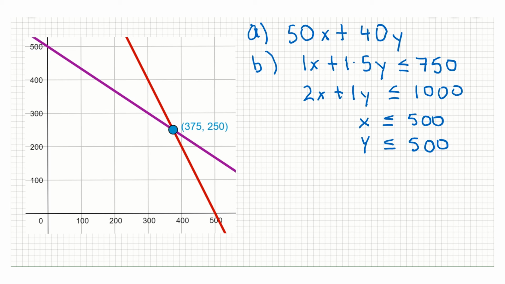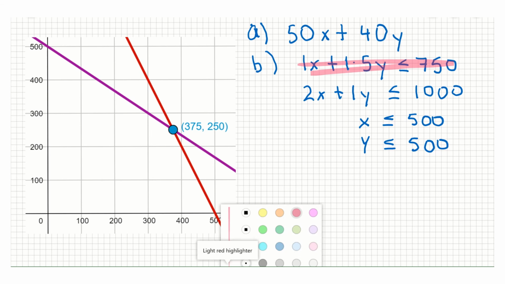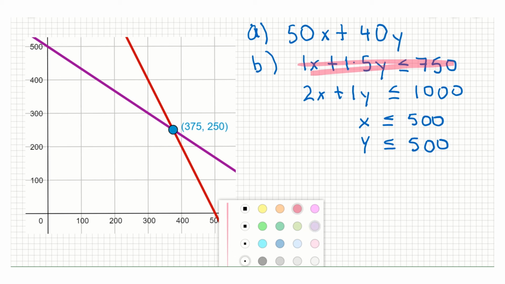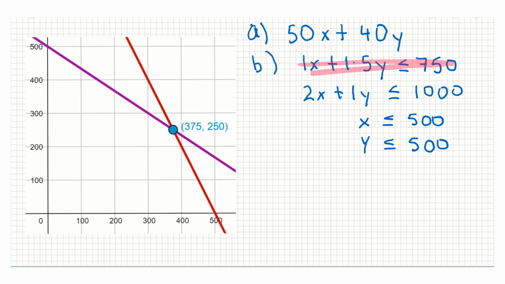The pink one, as close as I can do, represented the cotton. The first one was the cotton and the second one was the polyester.